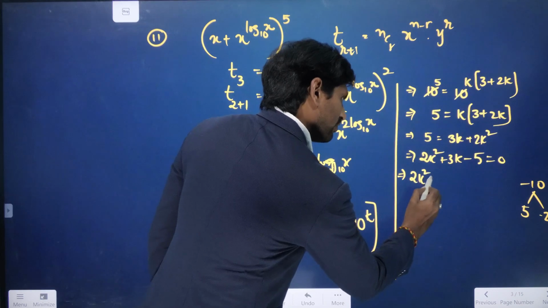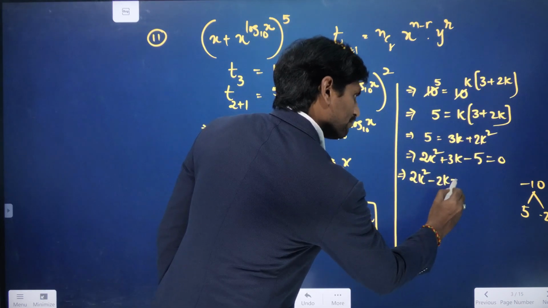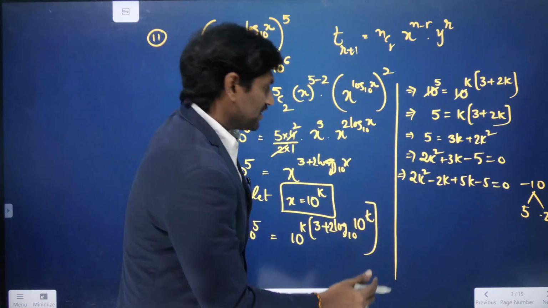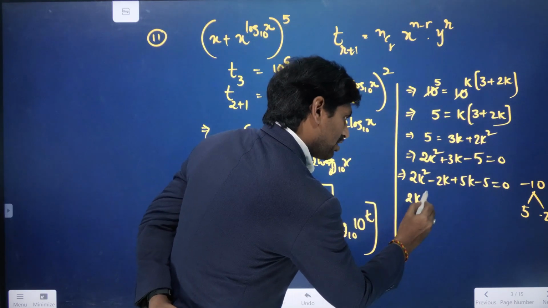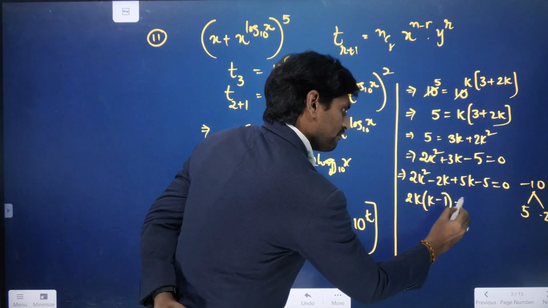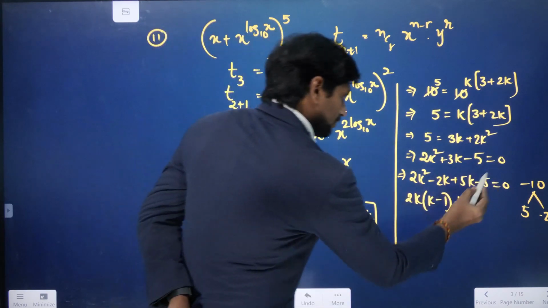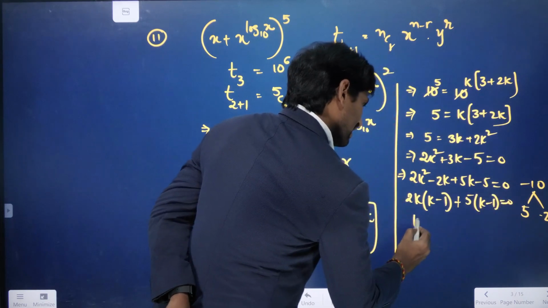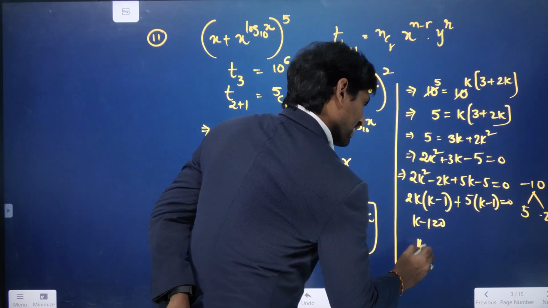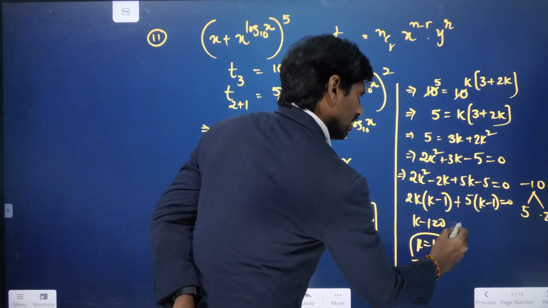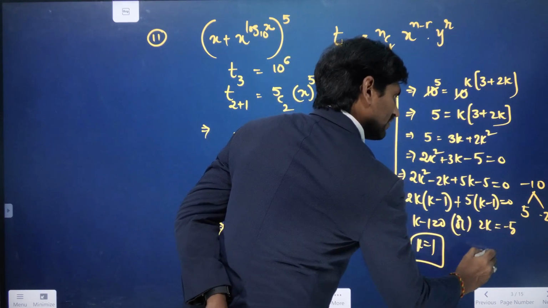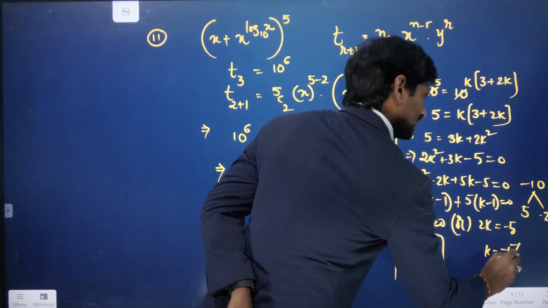Now 2k squared minus 2k plus 5k minus 5 equals 0. From the first two terms we can take 2k as common, then k minus 1 remains. From the last two terms 5 is common, and k minus 1 remains. Then k minus 1 equals 0, so k value is 1, or 2k equals minus 5, so k equals minus 5 by 2.